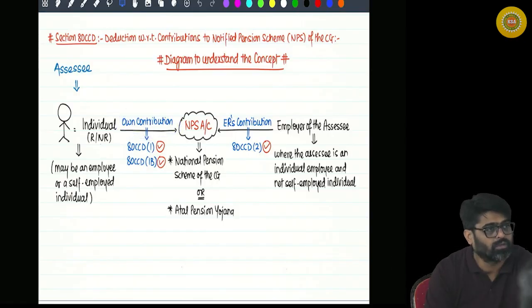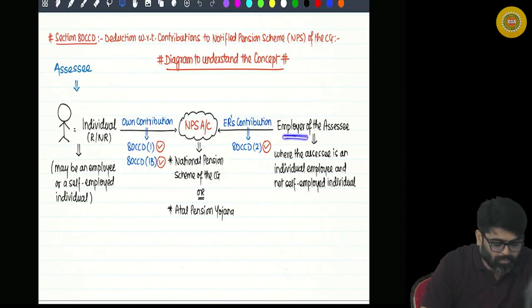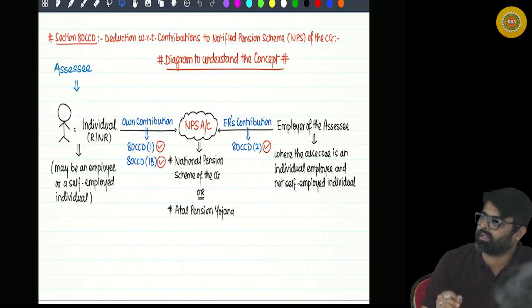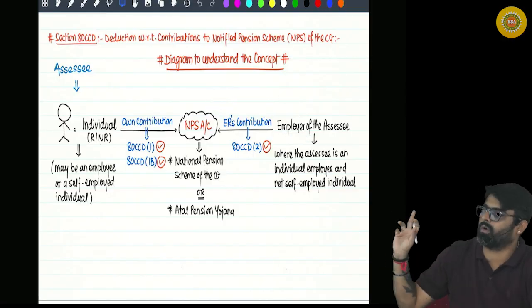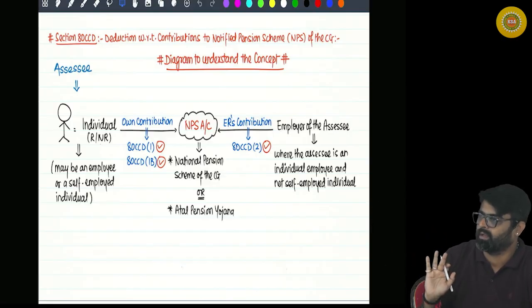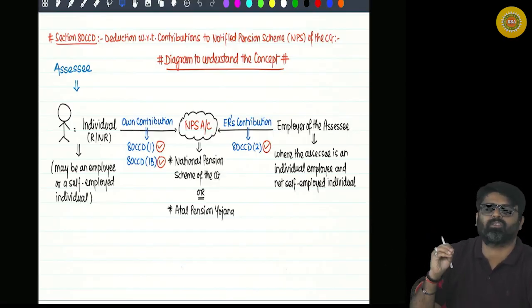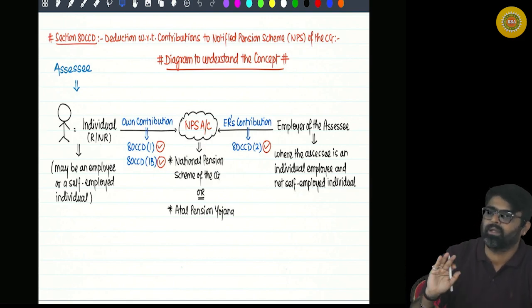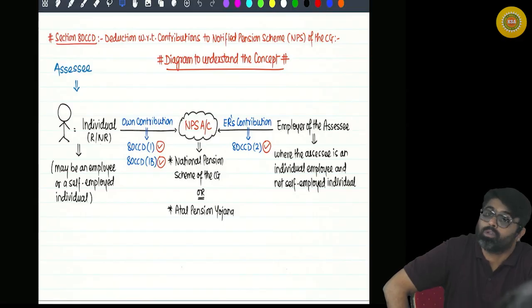And if you are an employee, your employer also contributes in the NPS account. If you are a government employee, then it is compulsory: you have to contribute and your employer will also contribute. But if you are a private sector employee, then this NPS scheme is optional, voluntary. You and your employer both decide and then you both contribute. So you can be a government employee or a non-government employee participating in NPS.